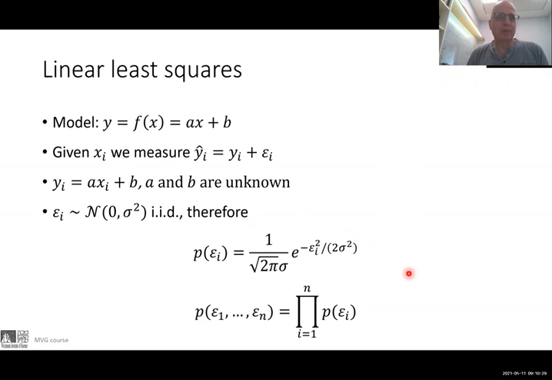So the probability of noise is the usual Gaussian equation. For the probability of noise in all n points, we assume that they're independent, and so it's the product of these Gaussian functions.